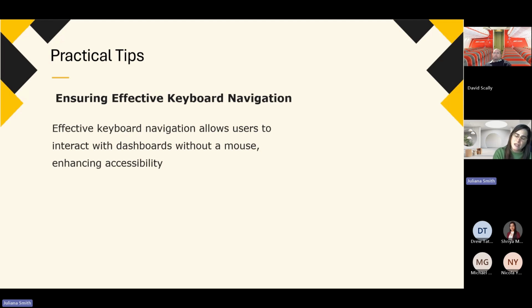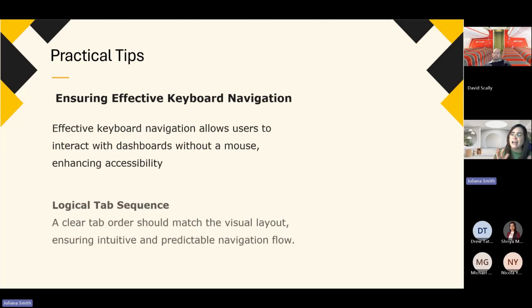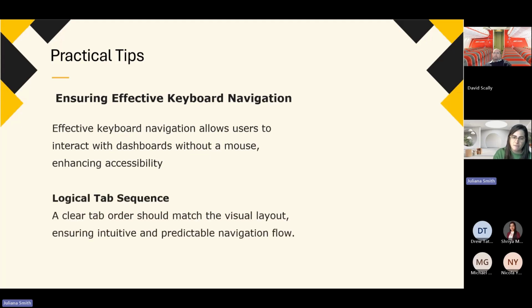And then, although it is compatible by default, as developers we have to keep in mind that we have to think about setting the tab order. A clear tab order will match the visual layout. So as you navigate your page using the tab key, you're going to consume the report in the same order that is intended for the user to consume.